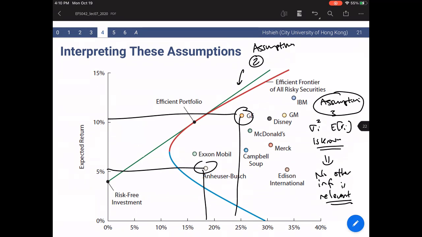And the question here is, what happens if everyone has access to the entire universe of assets, has access to the risk-free asset, and everyone has risk-averse utility functions? So in aggregate, is there an economic intuition to assign to this tangency portfolio?